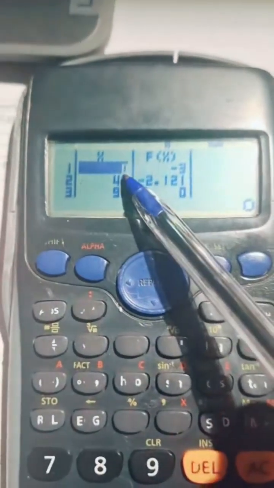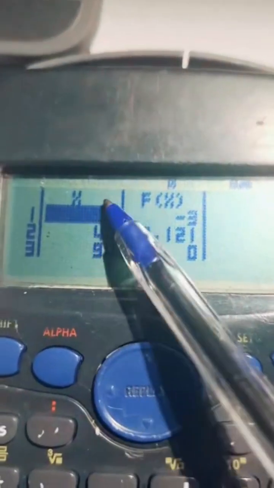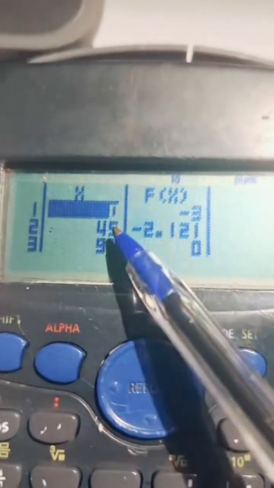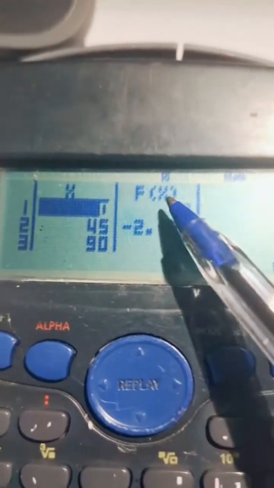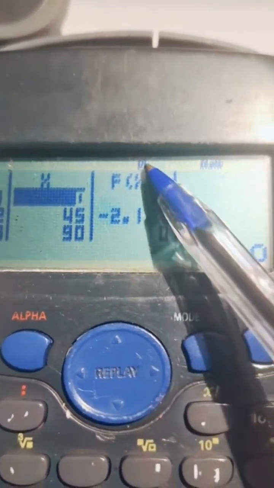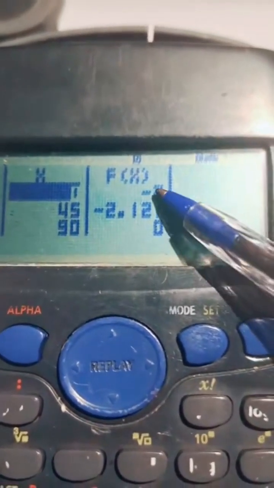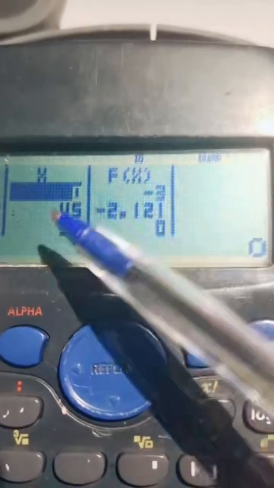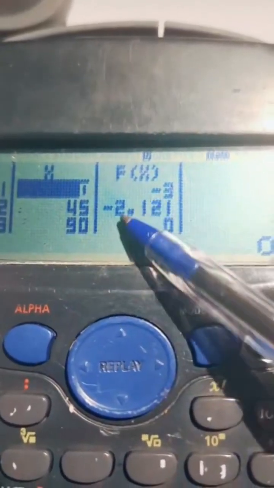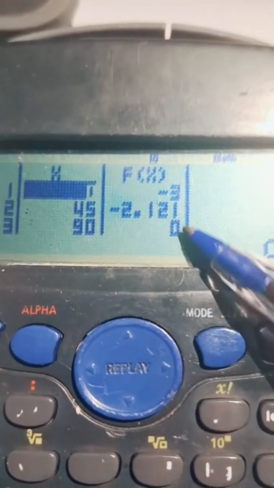So when I substitute 0, I get y, which is negative 3. This is for all the x values, 0, 45, 90, and so forth. The corresponding value f of x, remember, f of x stands for y. So when x is 0, y is negative 3. When x is 45, y is that. When x is 90, y is this.